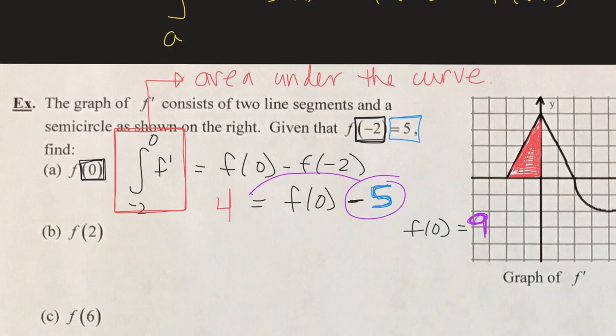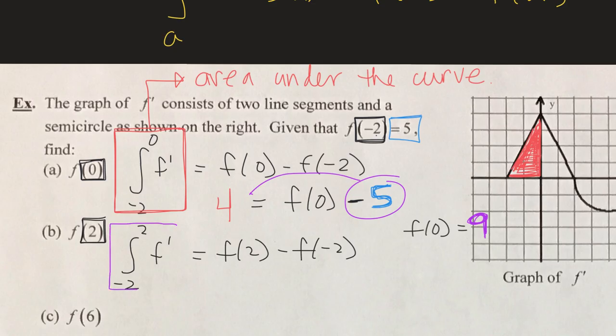Okay, B. This is now your upper bound again because 2 is greater than negative 2. So it's the integral from negative 2 to positive 2 of f prime equals f of 2 minus f of -2, right? That is your fundamental theorem. So we need to figure out what is the area underneath the curve from -2 to +2.